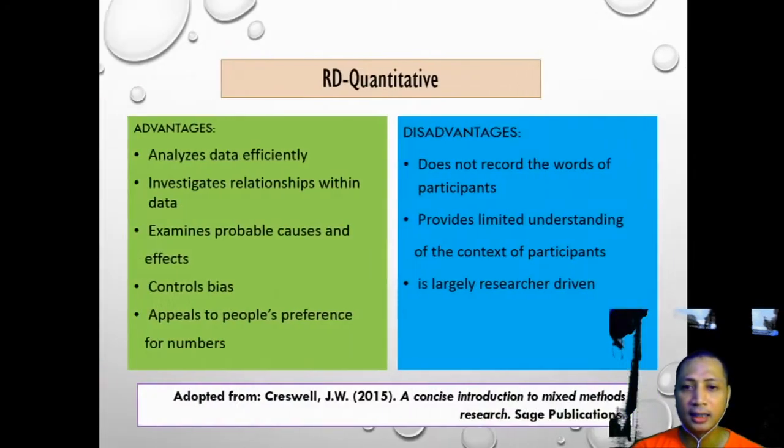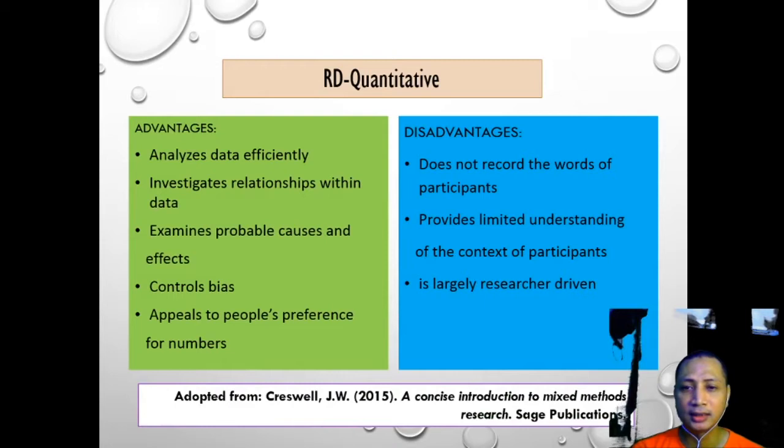And then the research design quantitative advantages. The first thing is that it analyzes data efficiently, the second one is that it investigates relationships within data, the third one is that it examines probable causes and effects and controls bias, and the last one is that it appeals to people's preference for numbers.